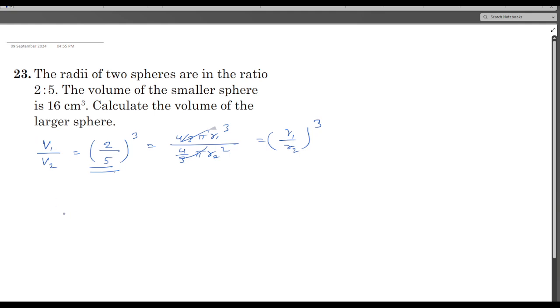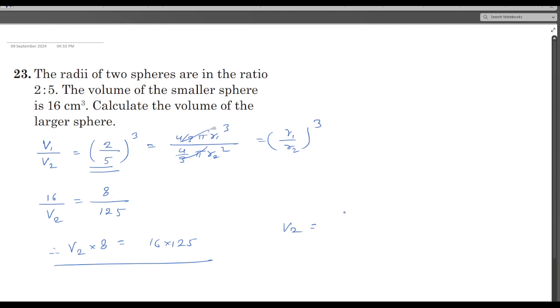Now the smaller volume is given 16, so 16 divided by V2 will be equal to, here 2 cube is 8 divided by 5 cube is 125, and therefore your V2 times 8 will be 16 times 125. That gives you V2 is equal to 16 times 125 divided by 8, which is 2 times 125, it is 250. So 250 centimeter cube is the volume of the larger sphere.